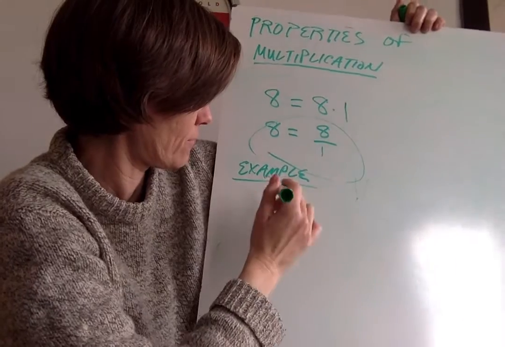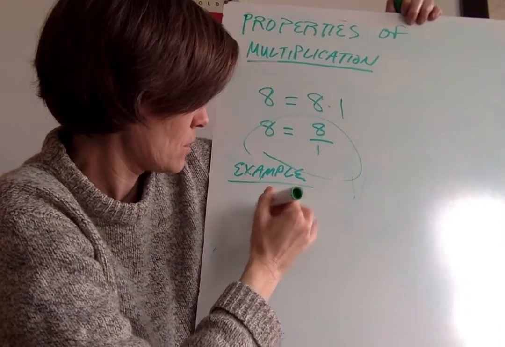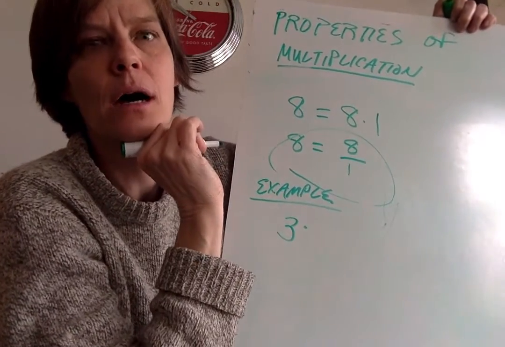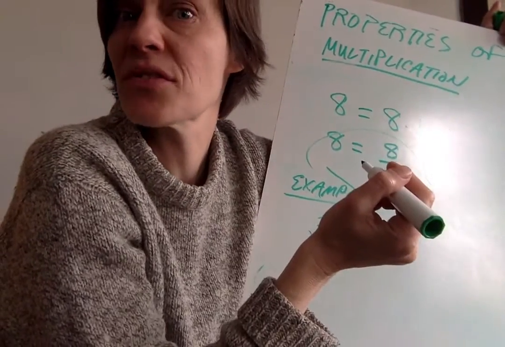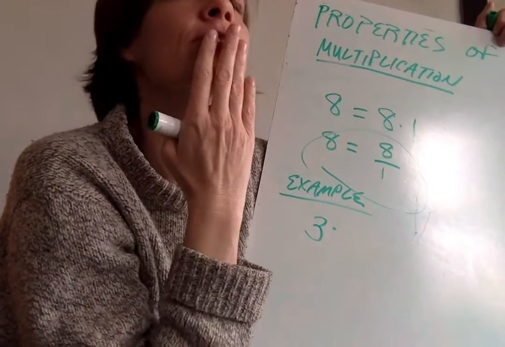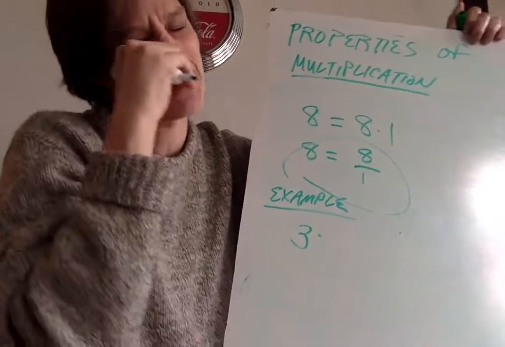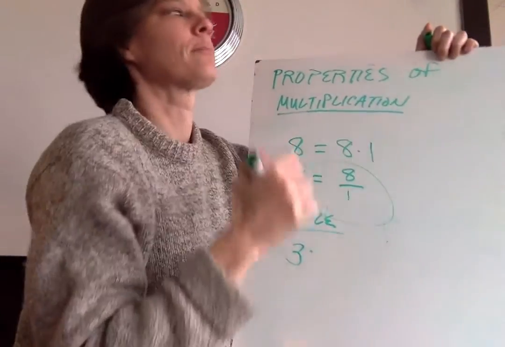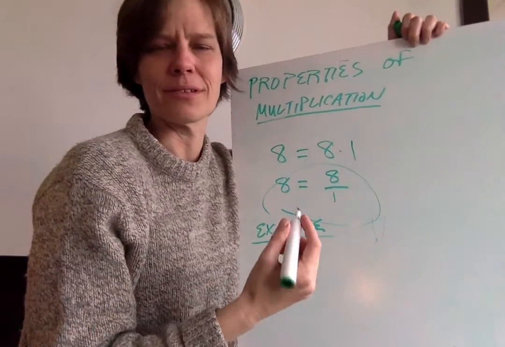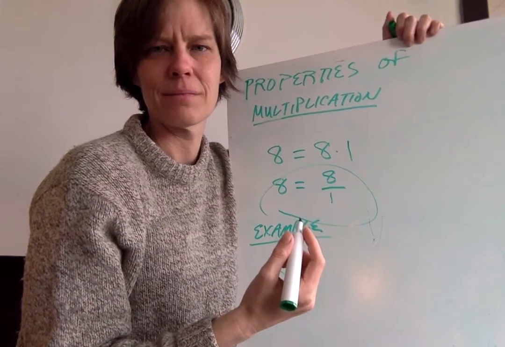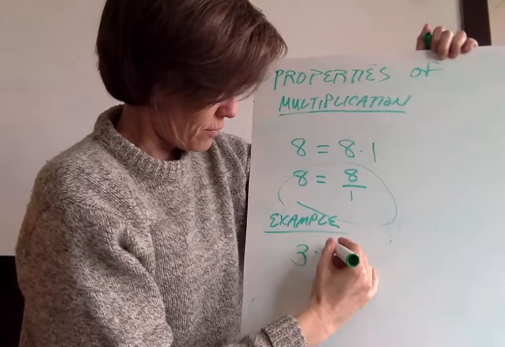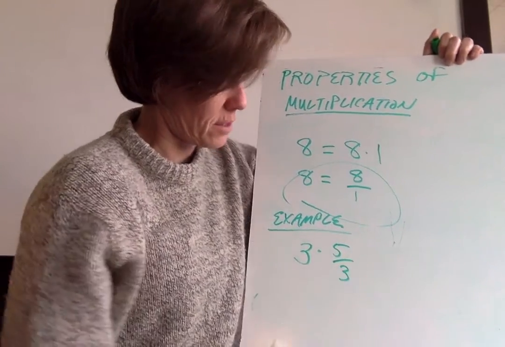I'm going to start with 3. 3 times 7/6. That's still going to give us a fraction. Can you tell I'm trying to not get a fraction? But if I make it an even number, it's just going to be the same. Well, we'll go with 5/3, okay?